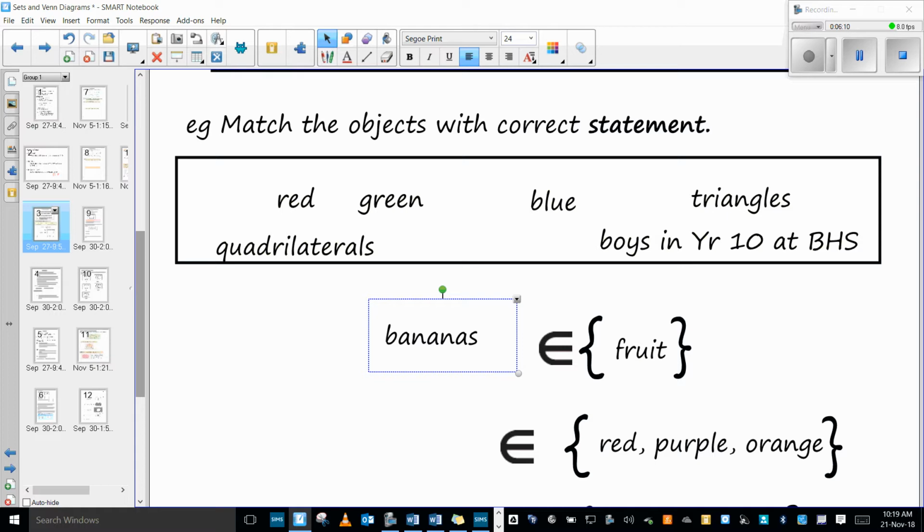Gabrielle, why did you say just red? Because it's only just red, purple, and orange. Good. So actually only the red one would be allowed. Yeah, you happy with that? So whilst the green and blue are also colours, they are not members of the set. Yep. It was done to trick you.